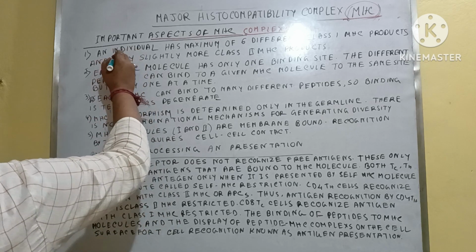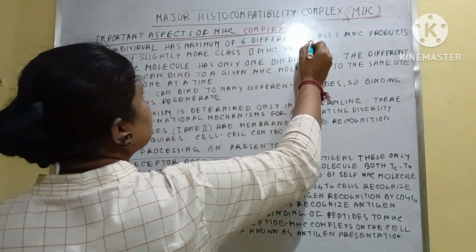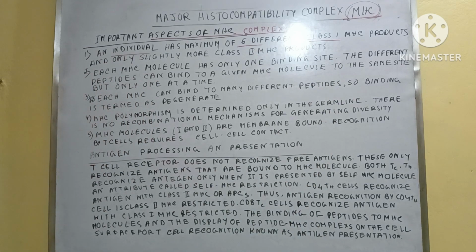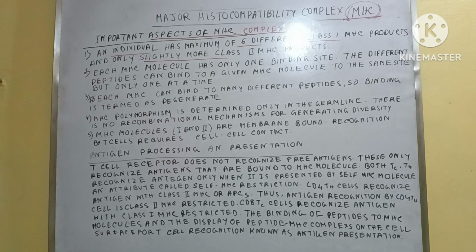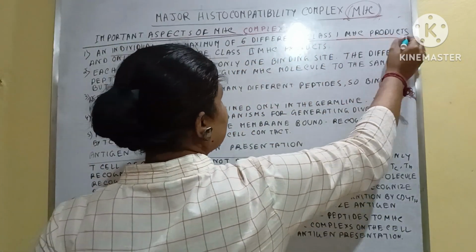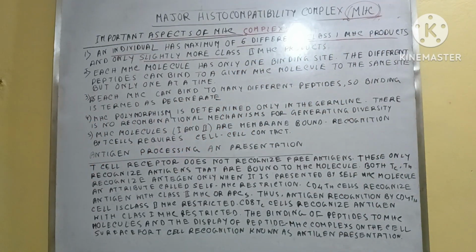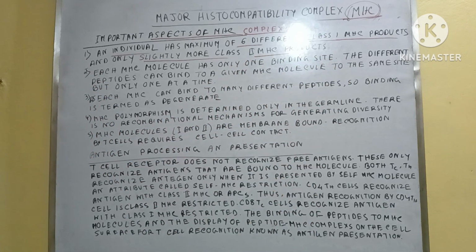Generally one individual has a maximum of 6 different class 1 MHC products and slightly more class 2 MHC products, which we can generally see in any one individual.